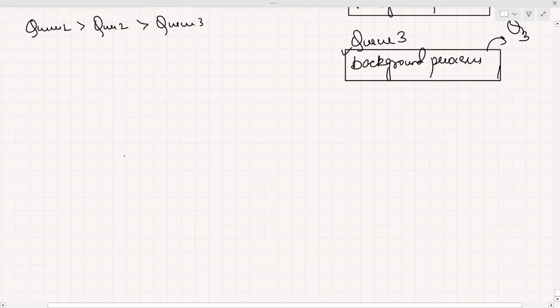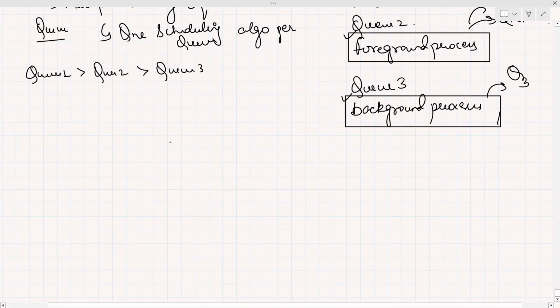Now, one more thing is the fixed priority preemptive scheduling method. This is basically a fixed priority preemptive scheduling algorithm. What does this mean?